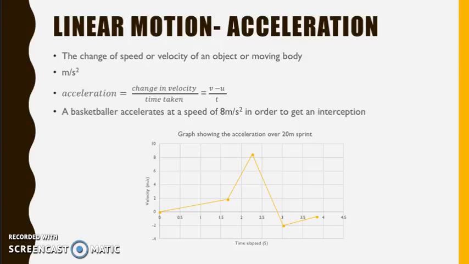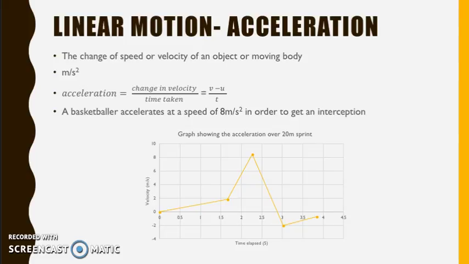For example, a basketballer may reach a velocity of 40 meters per second in a time of 5 seconds, and therefore is accelerating at 8 meters per second squared, because 40 divided by 5 is 8. The graph below shows the acceleration of the performer as they ran through a 20-meter sprint.